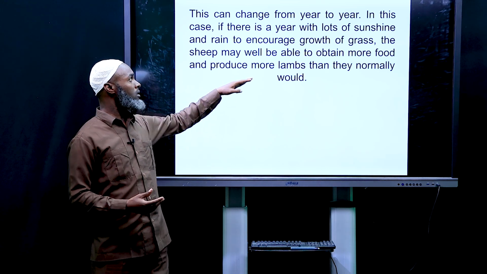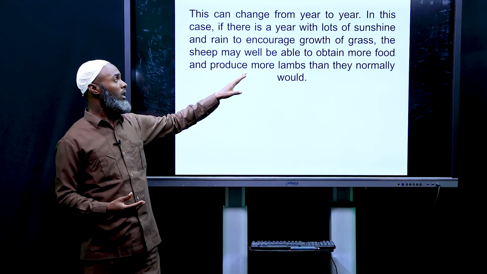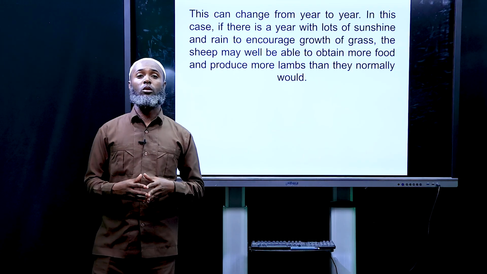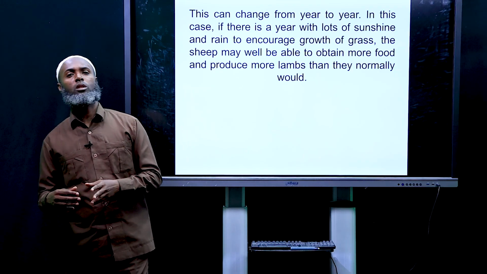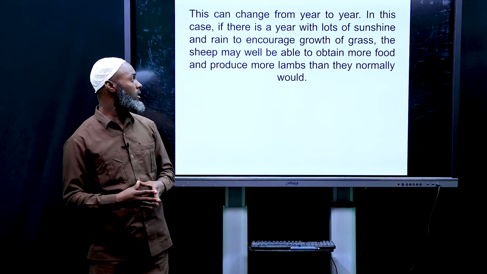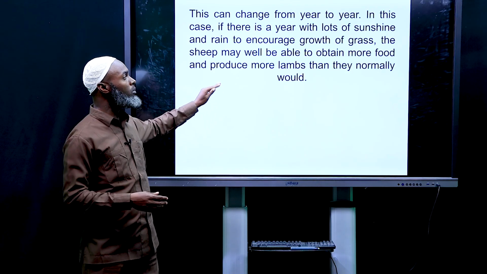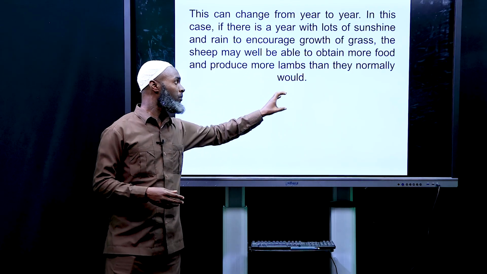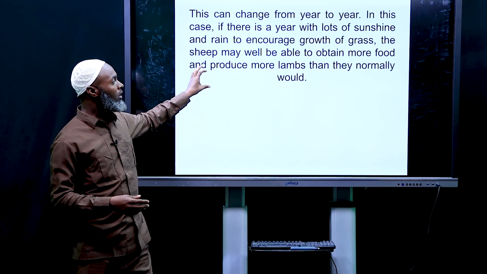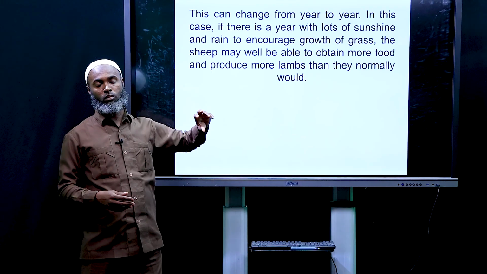In this case, if there is a year with lots of sunshine and rain, this encourages growth of grass, and you know that plants are producers. These producers can directly or indirectly affect other consumers like sheep and other organisms, which will obtain more food, and there could be more sheep than they normally would.